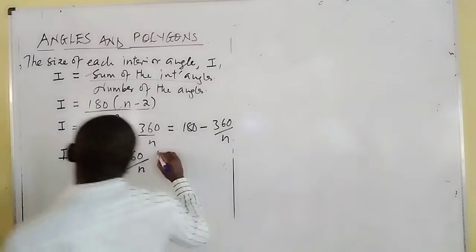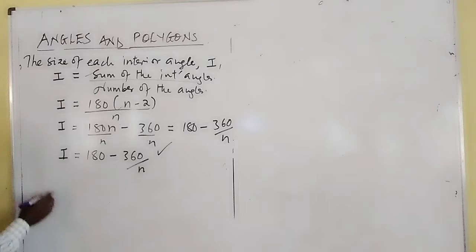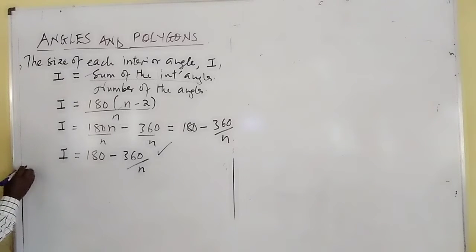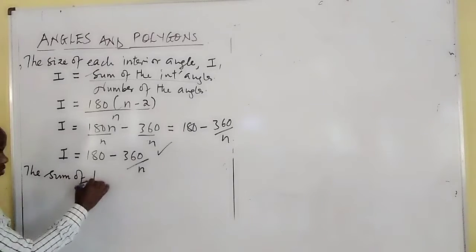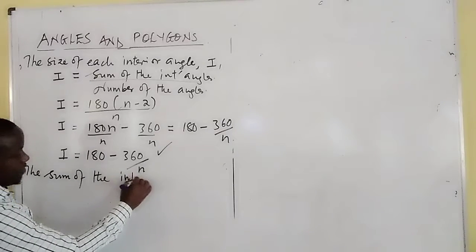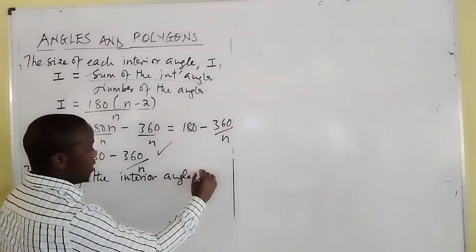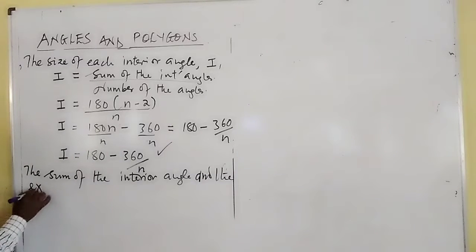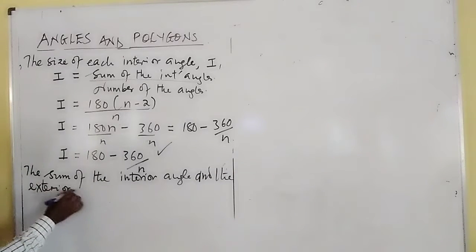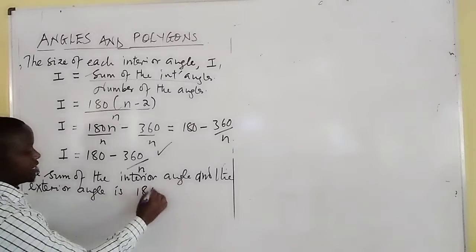So this is a very key formula, very useful to notice. The sum of the interior angle and exterior angle is 180.